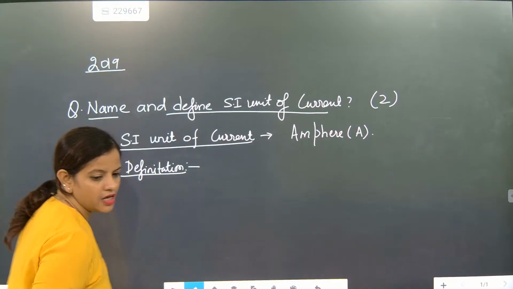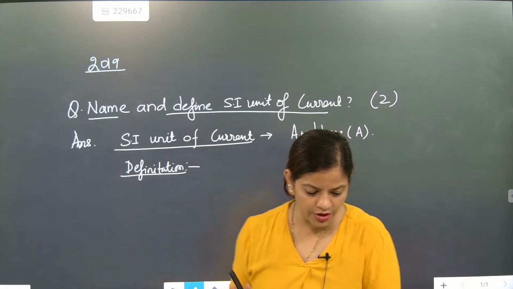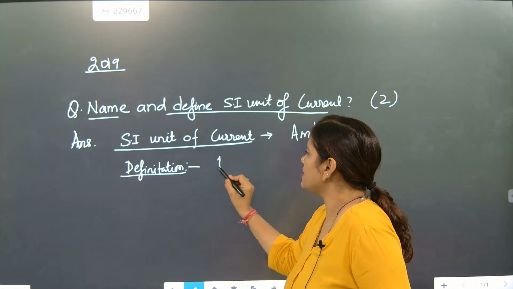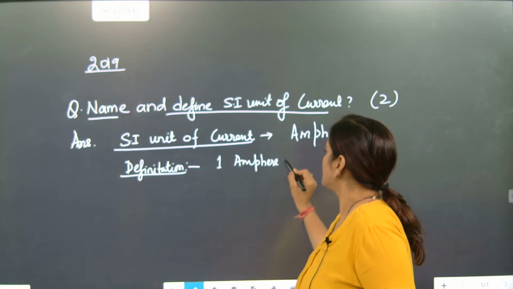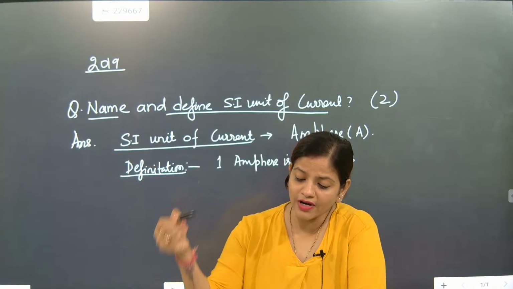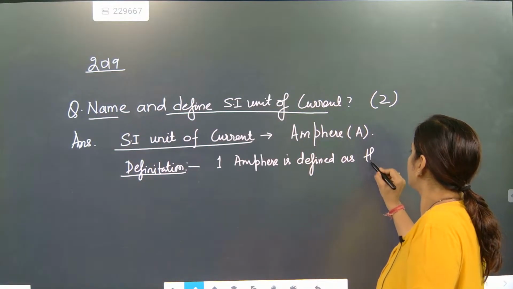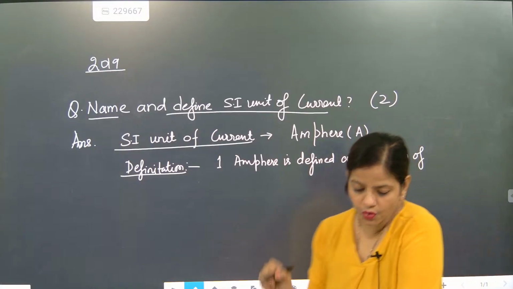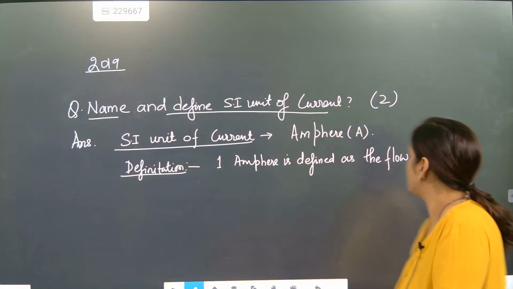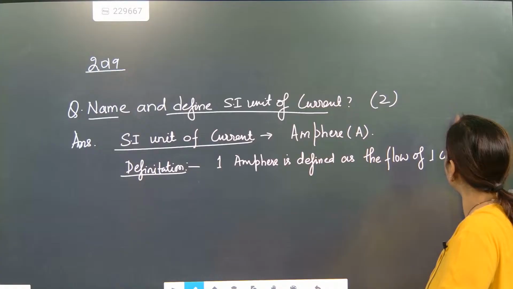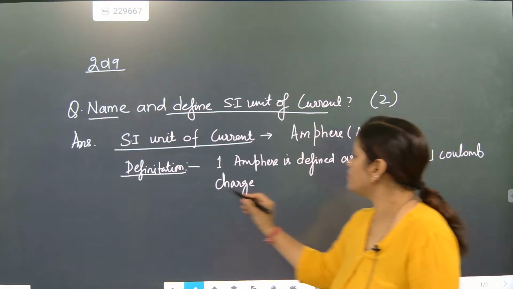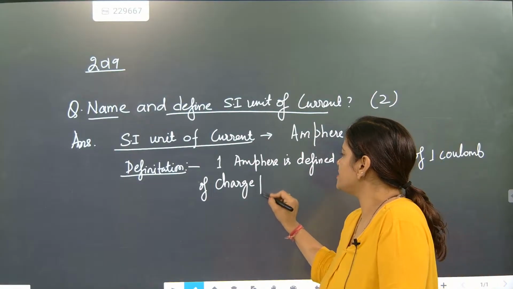If they are asking for a definition, then only define. This is the important part and we will define it very nicely. 1 ampere is defined as the flow of 1 coulomb of charge in 1 second, or per second.